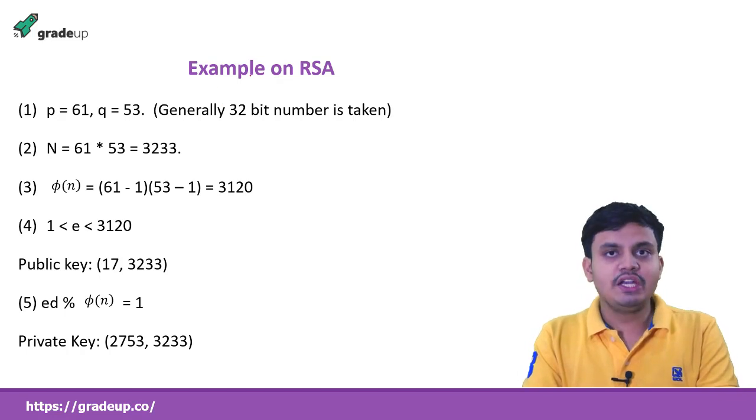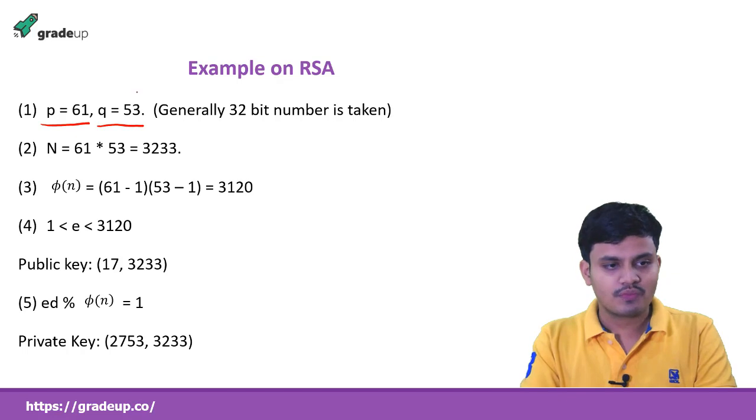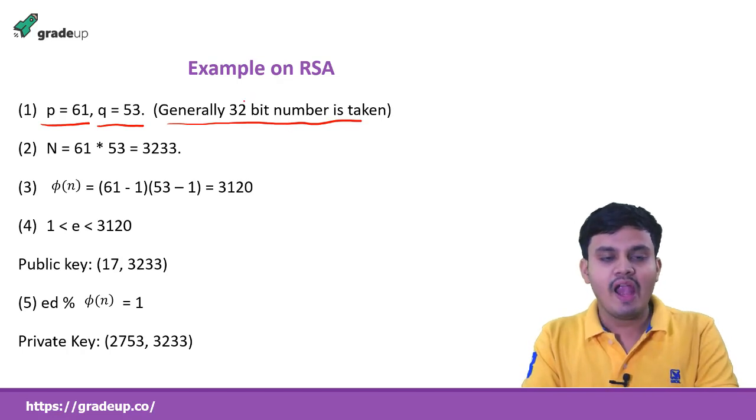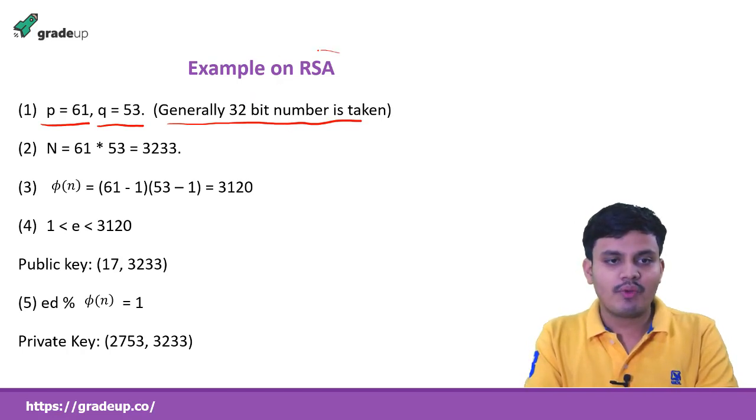So let us understand it using an example. Let p be 61 and q be 53. Generally we use 32-bit numbers, which are very huge. Why is the RSA algorithm so popular? Because it is really hard to decode.